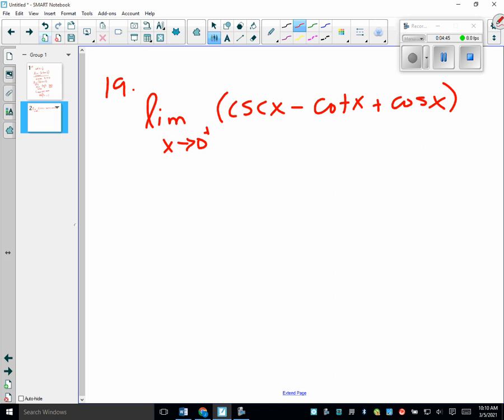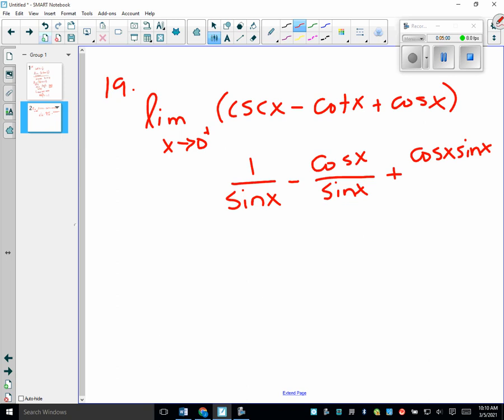Because is cosecant 1 over sine? This is cosine over sine. Plus, is this cosine sine over sine? I just got a common denominator for that part, because I need them all over the same denominator.